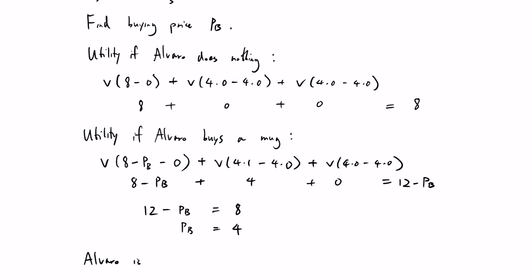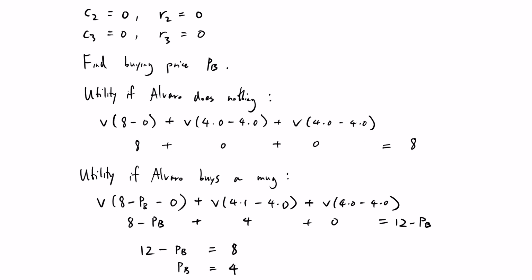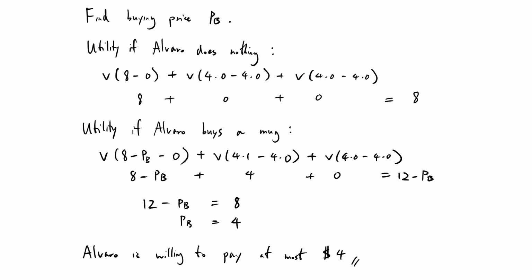So Avero is willing to pay at most $4. Notice that this is half of what the selling price is. The selling price is 8, but the buying price is 4.